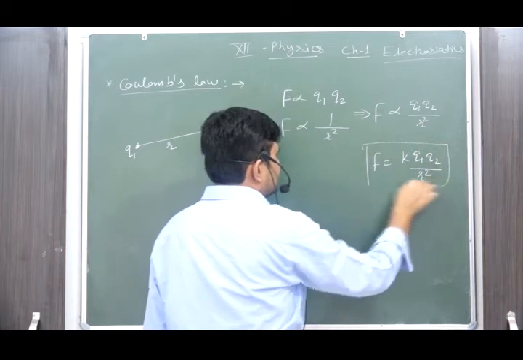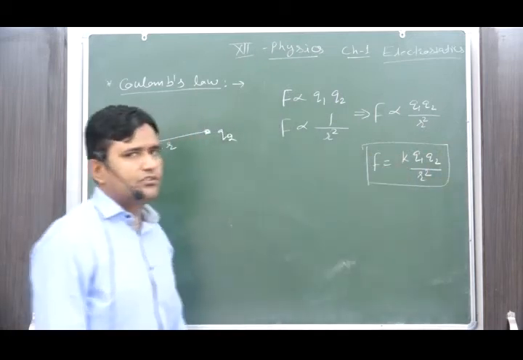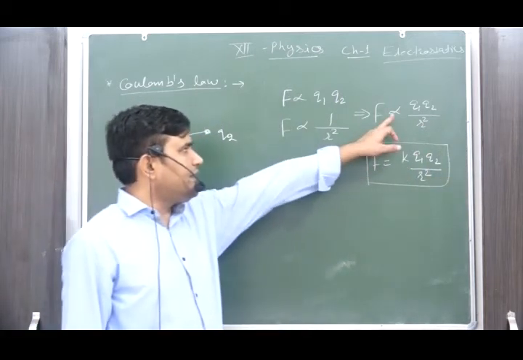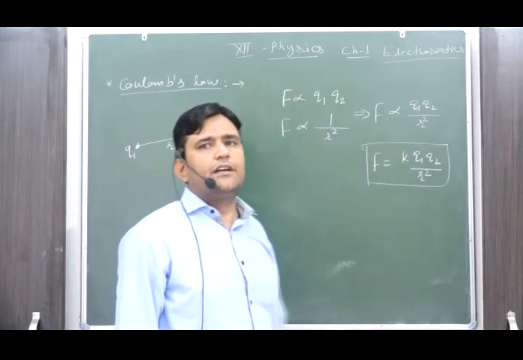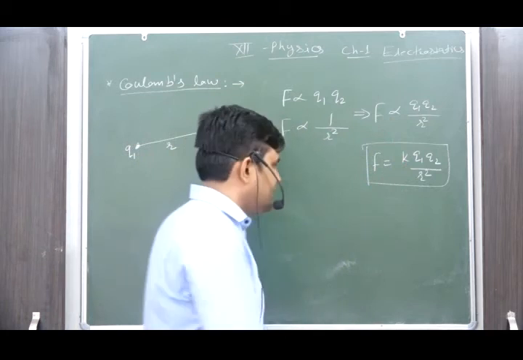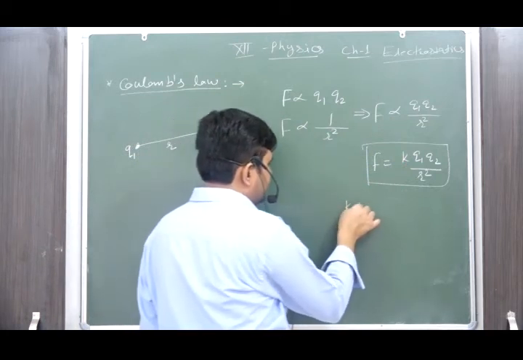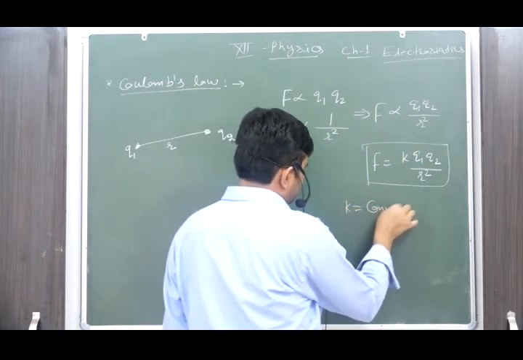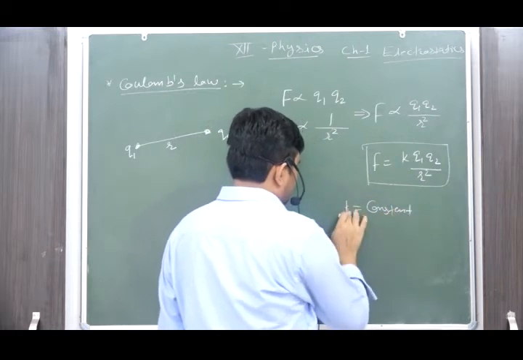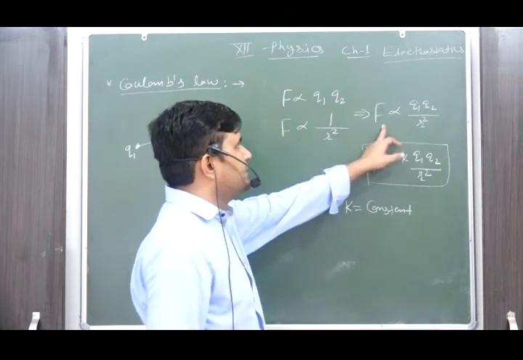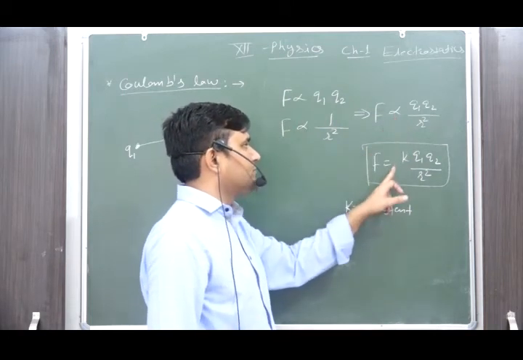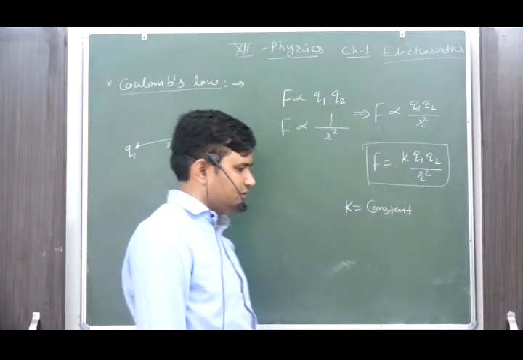Here we multiply with a constant K. To convert the directly proportional into equal, we consider a constant K here. K is the constant, or we can say the proportionality constant, because we convert the directly proportional into an equals formulation.